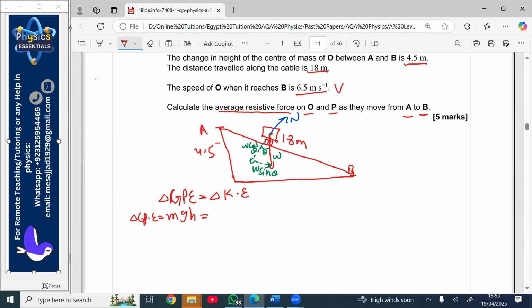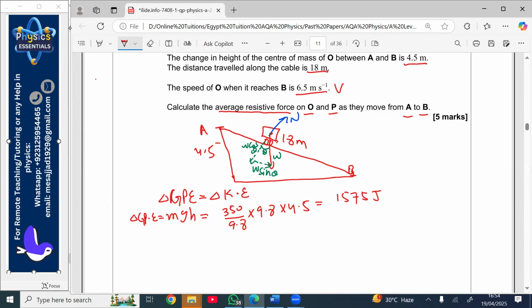What is the mass of the object? It is going to be 350 newtons divided by 9.8. This is m, g is 9.8, and h is 4.5. So this is 1575 joules. That is the total gravitational potential energy it has lost while moving from A to B.